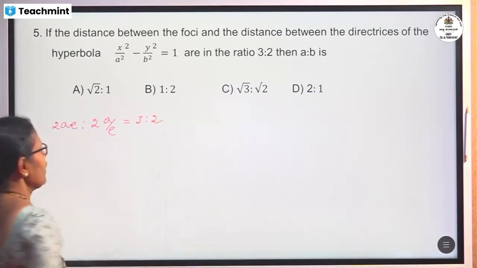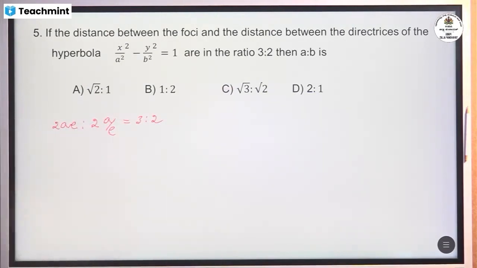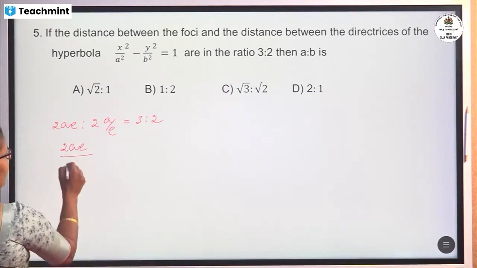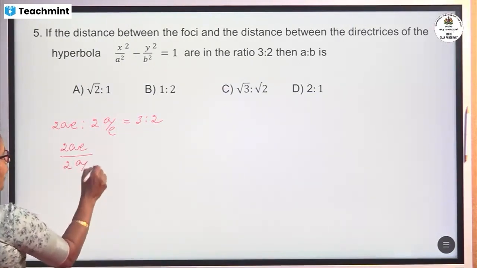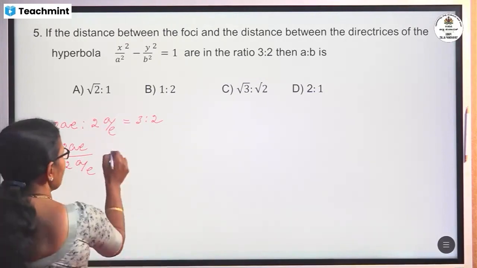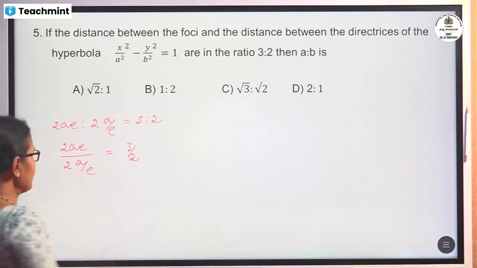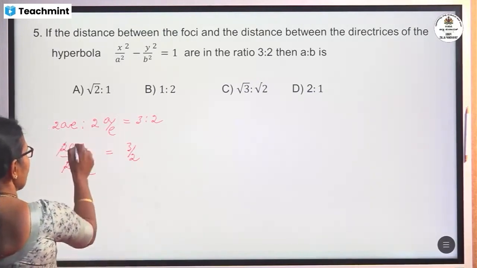2AE to 2A by E is given as 3:2. Now, when we divide, 2AE divided by 2A by E equals 3/2. When we simplify, the 2A gets cancelled.